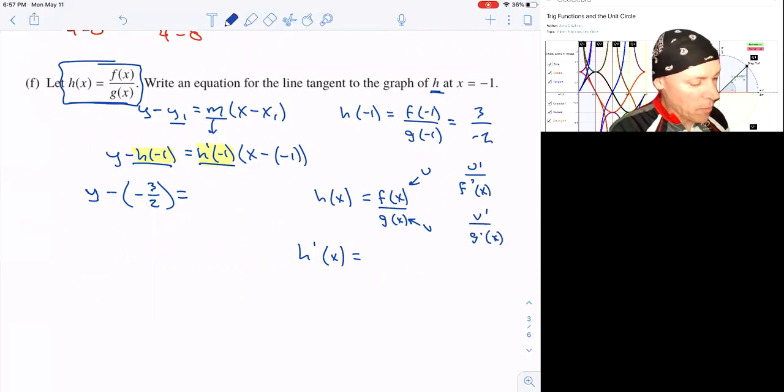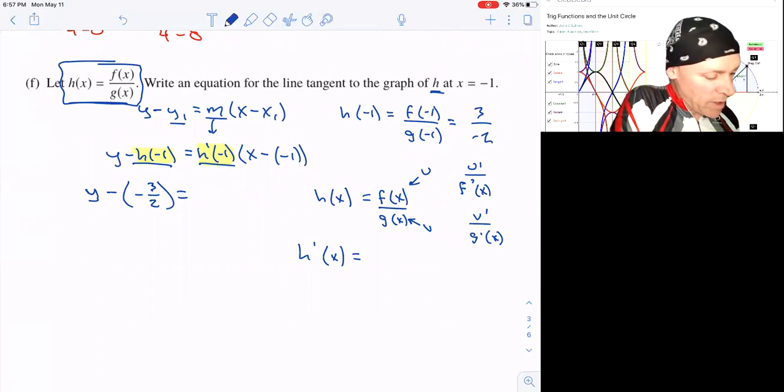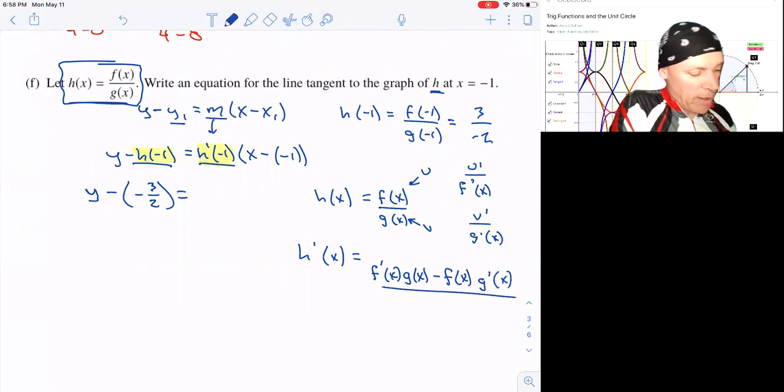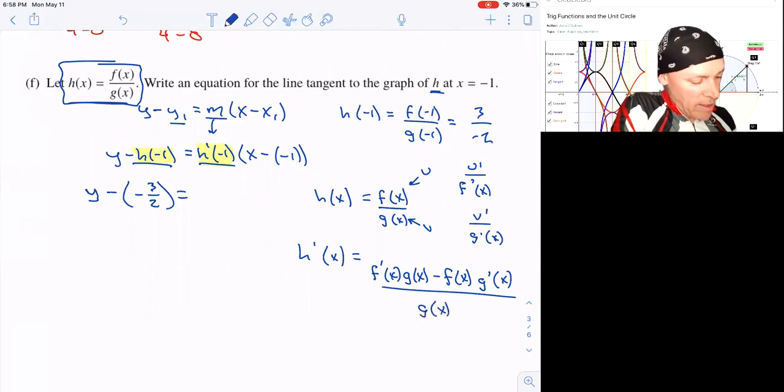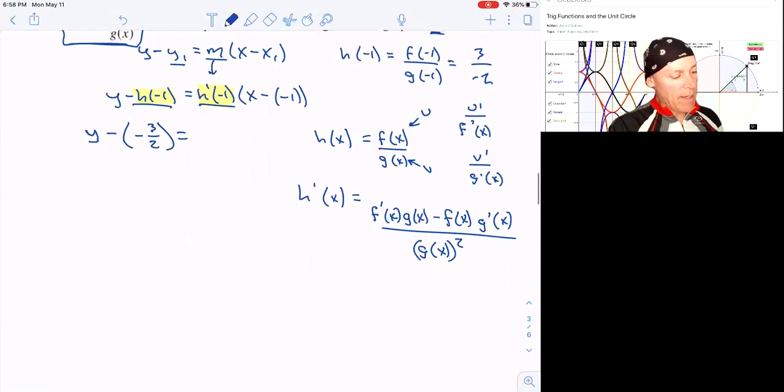So the quotient rule is going to be u prime, which is f prime of x, times v, which is g of x, minus u v prime, all over v squared. So it's going to be g of x squared.